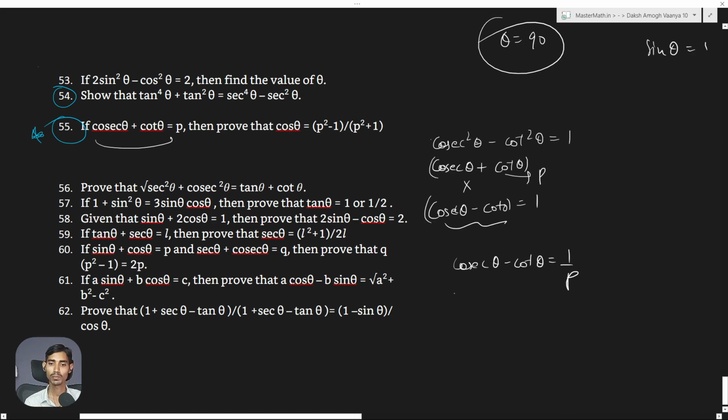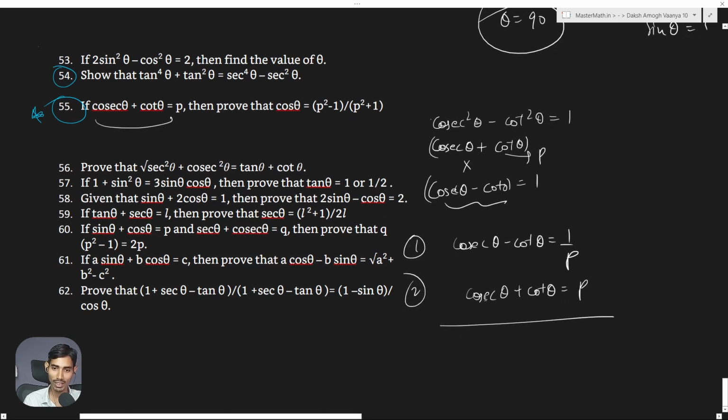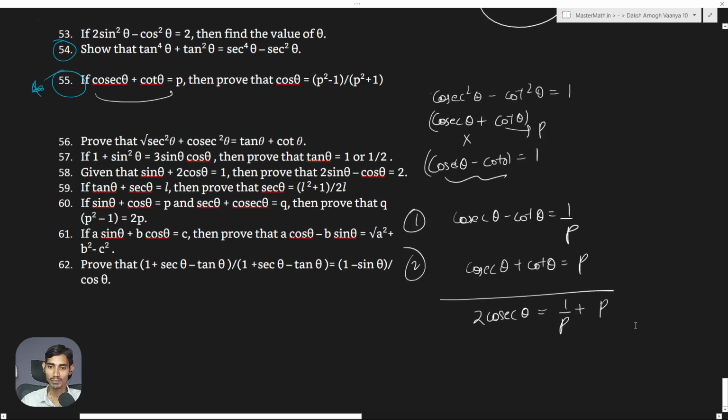Any doubts? No. So we have two equations. One is a minus b equal to 1 by p, and a plus b is equal to p. These are two equations we can solve. If we simply add them, we will get 2 cosecant theta is equal to 1 by p plus p. Is that okay? Now you get the sine value.